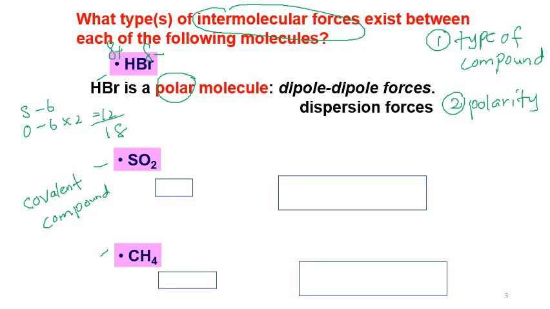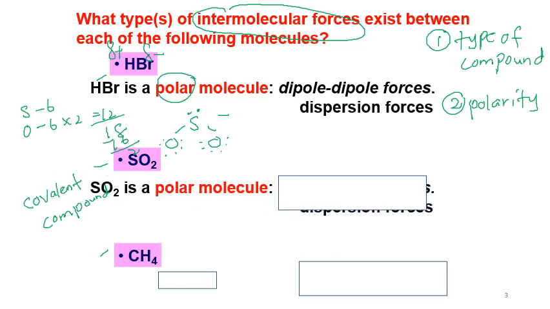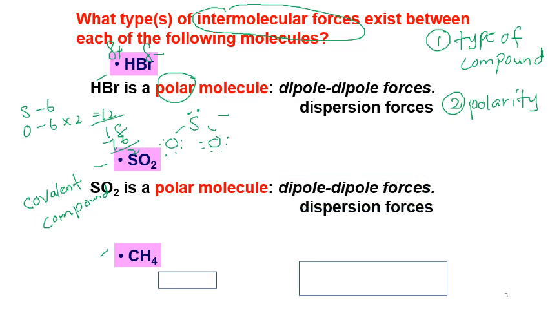Then here we have 2 terminal atoms, so 8 times 2 is 16. So you have 1 lone pair. A molecule with a lone pair of electrons, we know that it is a polar molecule. As long as it is a polar molecule, dipole-dipole forces and dispersion force are present between the molecules.